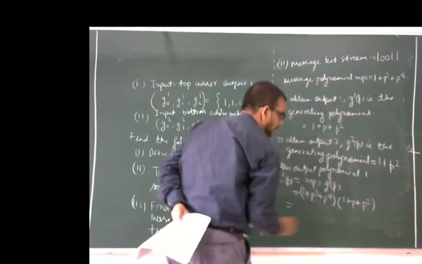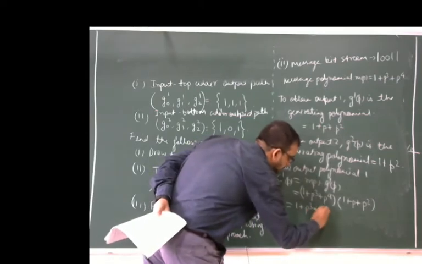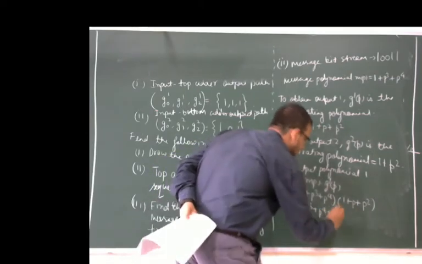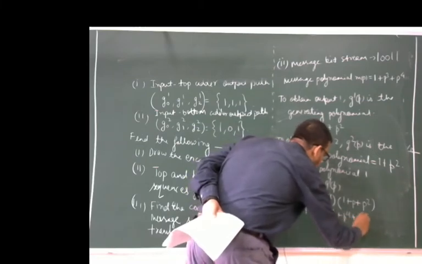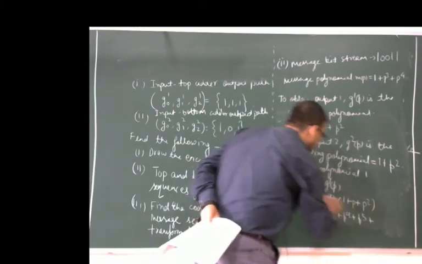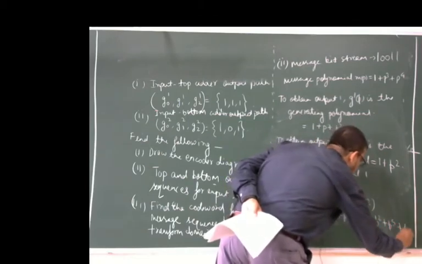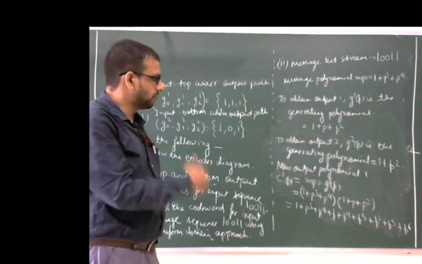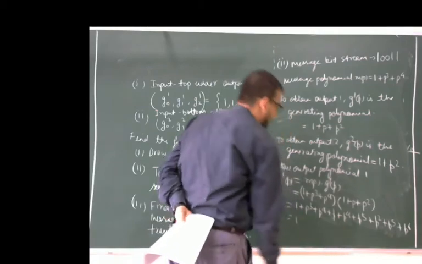Simply we have to multiply here: 1 plus p cube p4 plus p power 4 p power 5, then p square p power 5 plus p to the power 6. Simply we multiplied, and as I told you, we have to do it 1 by 1, that is 1 is done.